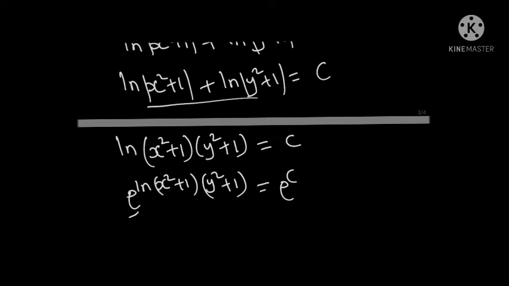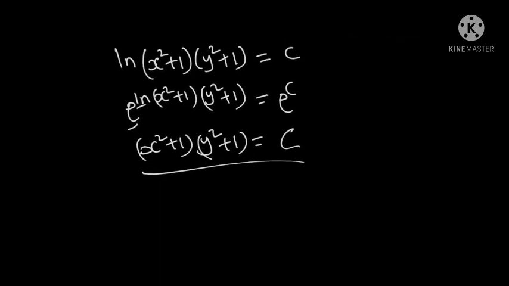Because we have the exponent and ln, these two will cancel, remaining with (x squared plus 1)(y squared plus 1) equals e to the c. The exponential of c is another constant, say c. So this is the required general solution.